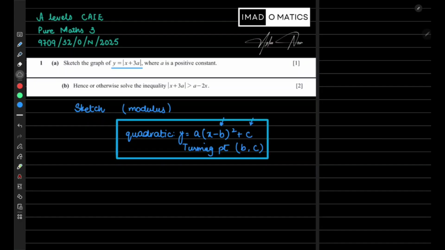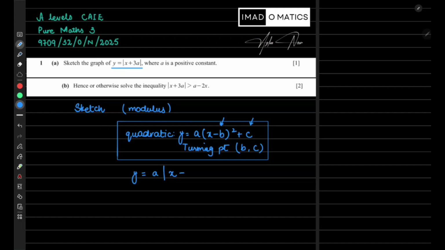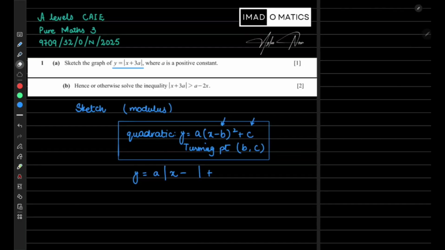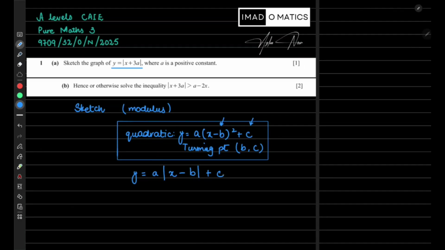Now, in the modulus curve, how can we get the coordinates of the turning point? The standard form of a modulus equation would be a modulus of x minus b, plus c.